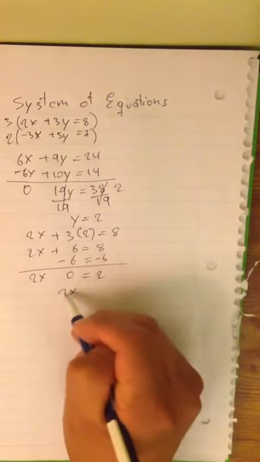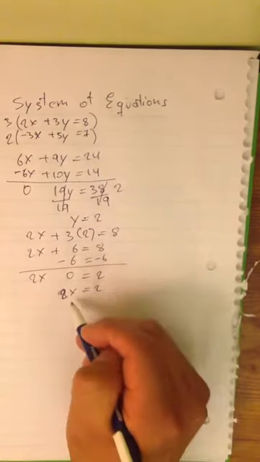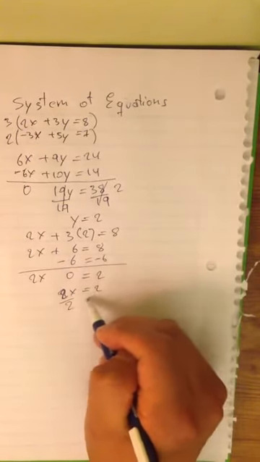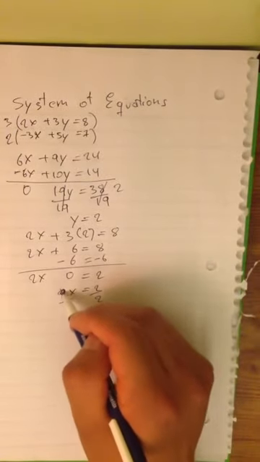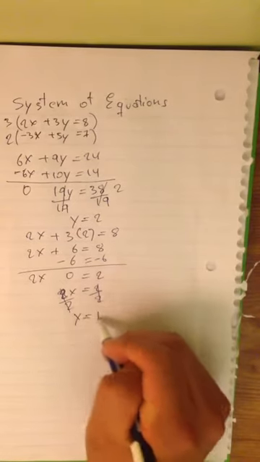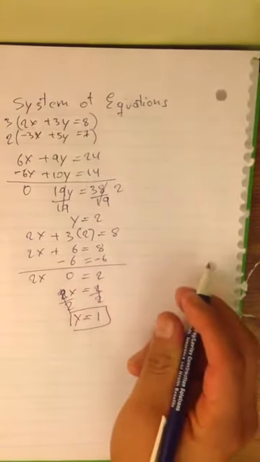So cleaning this up, I'm left with 2x equals 2. Now solving for x, I should divide on both sides. 2 divided by 2 is 1, and 2 divided by 2 is 1. So now I'm left with x equals 1.